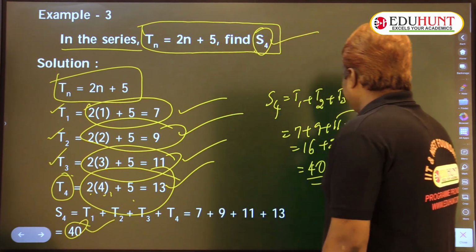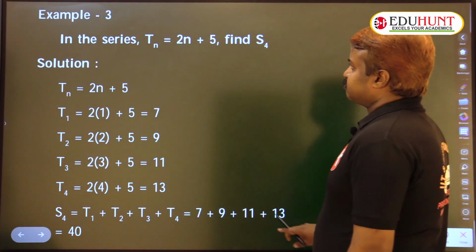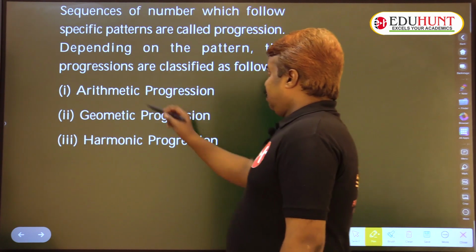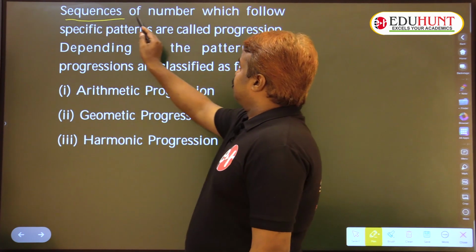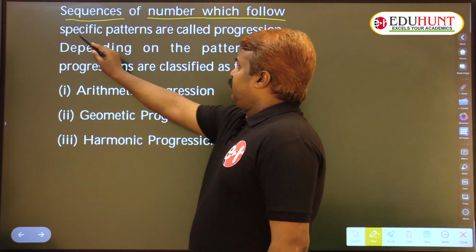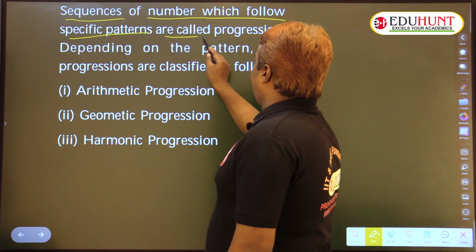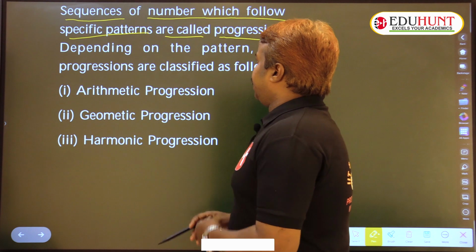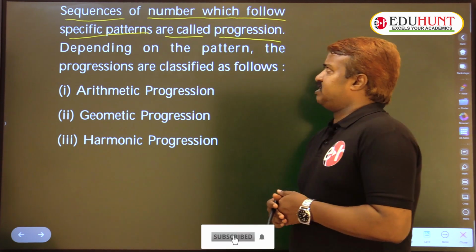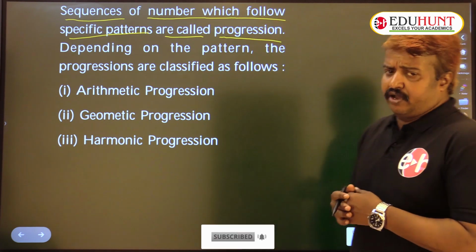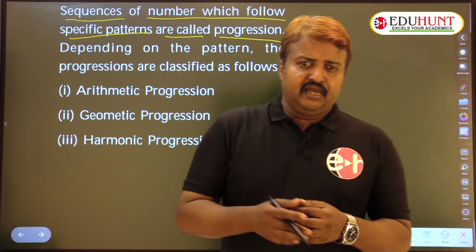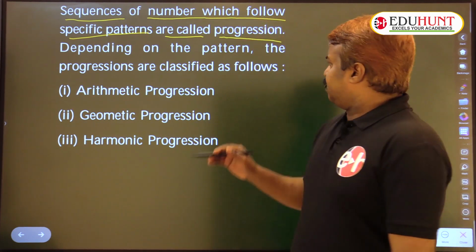Okay. Next, go through the next example. The sequence of numbers which follow a specific pattern are called progression. A sequence of numbers which follow a specific pattern, some difference, an adding pattern.